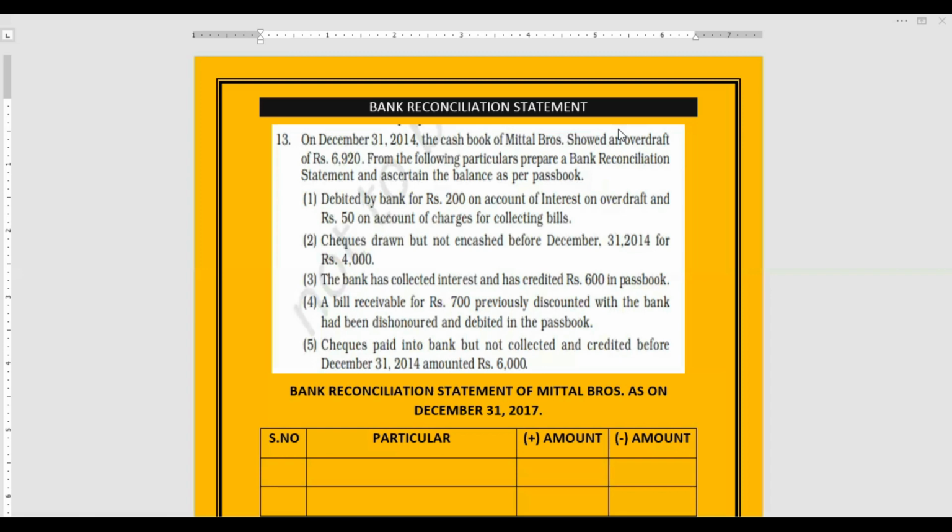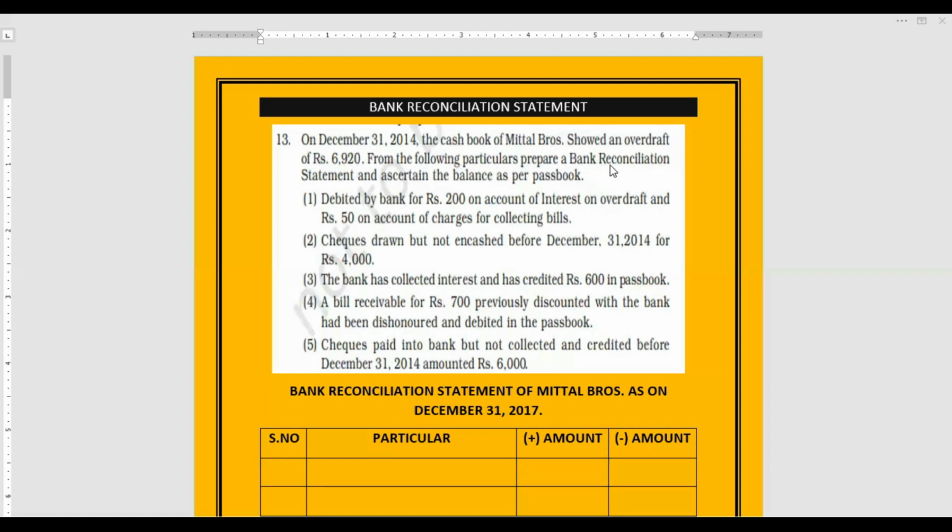As you all know, overdraft means the account holder has taken more than the money in his account. He has overdrawn by 6,920 as a short credit. It is a short loan. So as per the cash book, there is a short-term loan as an overdraft of 6,920 in Mittal Brothers' account.